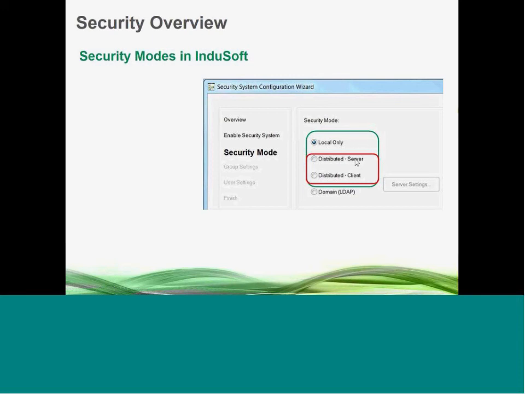All kinds of neat things happen. There's caching involved. If the server goes offline, the clients can then have their own local cache, so you can still continue to run. And then if you make changes locally, everything gets synchronized back up through the server to the remaining client. So lots of real good things happen there.